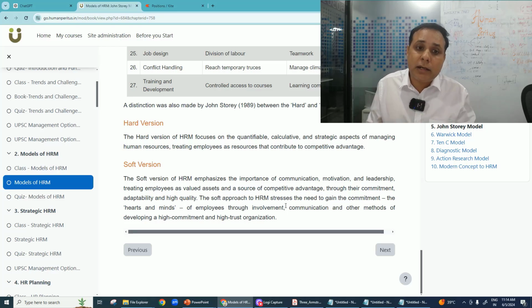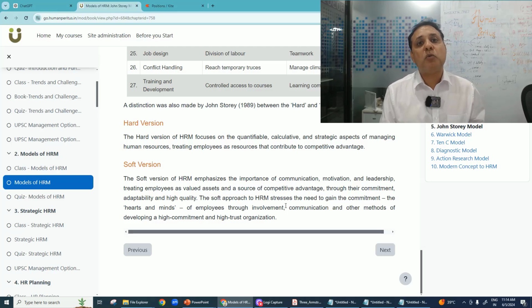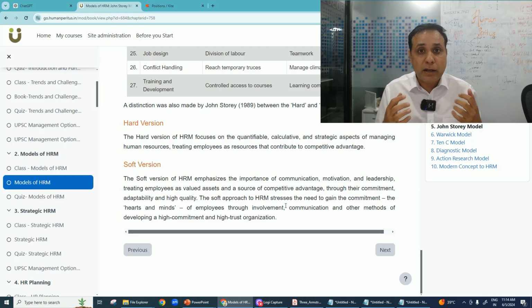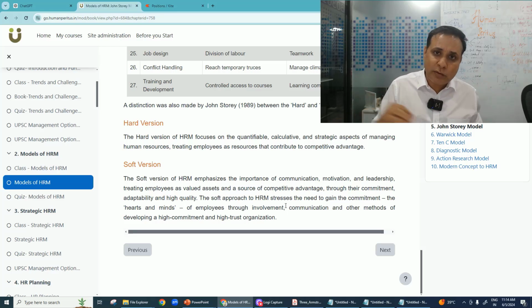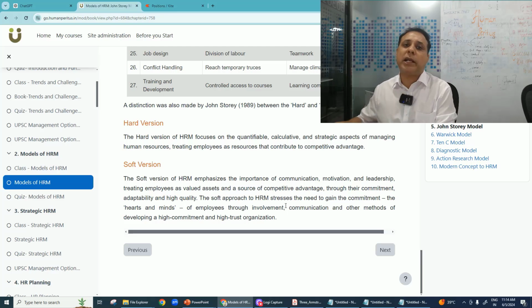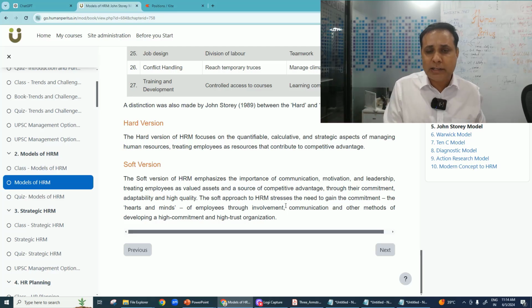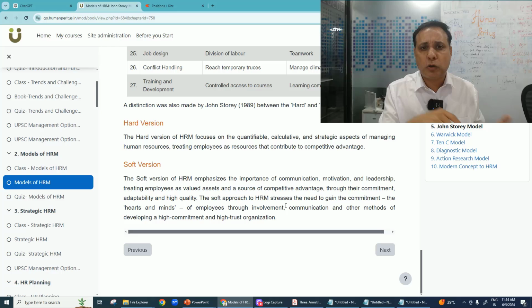On the other hand, soft HRM is more employee oriented. Employee oriented means the firm will focus on the well-being of the employee, not only on the activities he is doing but also on his overall well-being. The idea is that you take care of the employee and productivity will automatically come. In hard HRM, we focus on productivity, efficiency, profitability and so on.